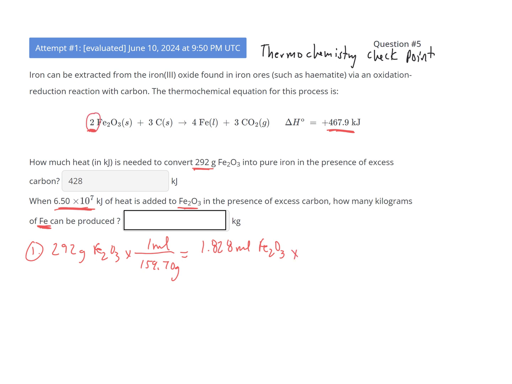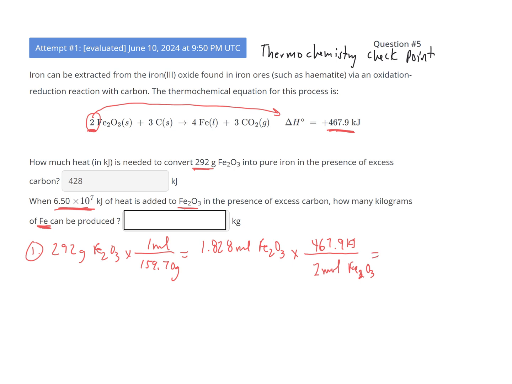The balanced thermochemical equation tells us for every 2 moles in the reaction, that's the energy we release, right? So we want to go from moles now. Okay, 2 moles of iron(III) oxide are going to require, it's an endothermic reaction, 467.9 kilojoules of energy.